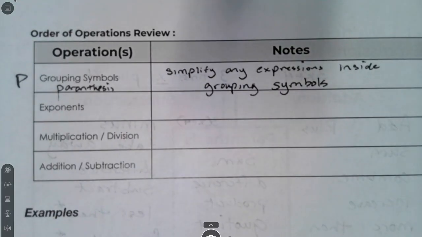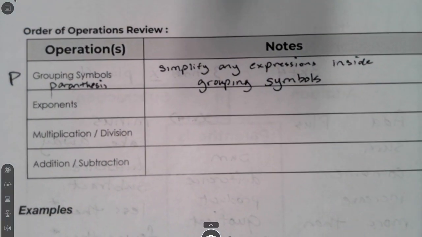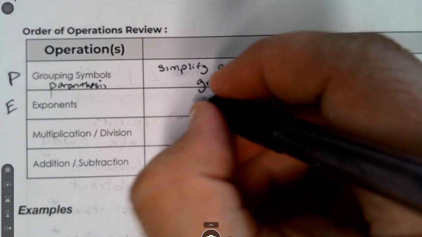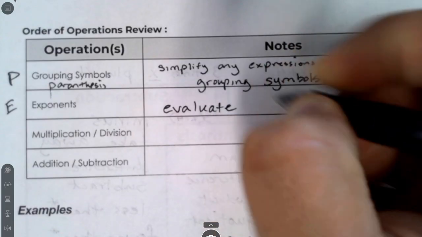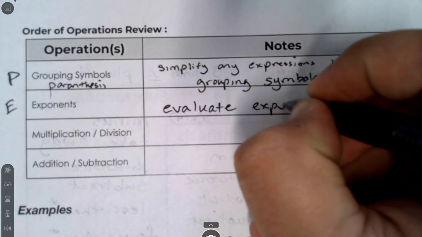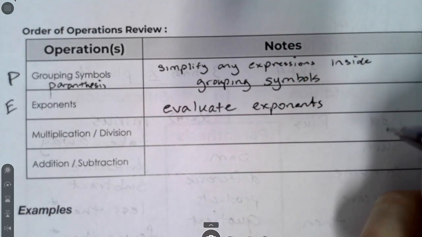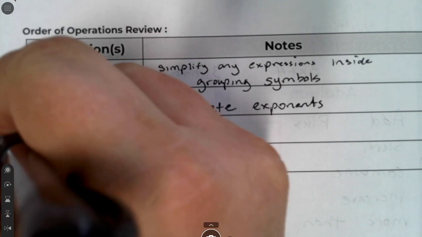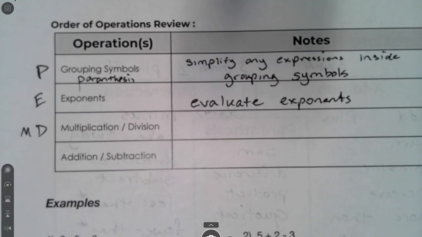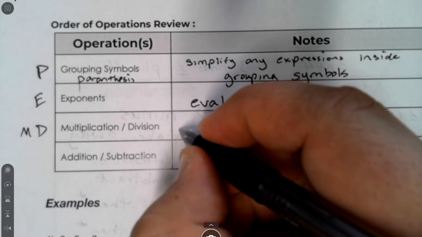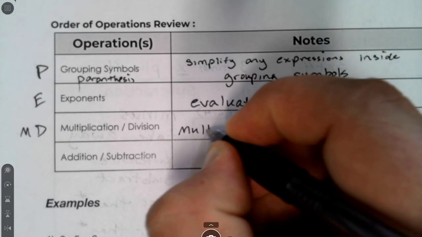That's step 1 when you're doing the order of operations. Then E for exponents. You should evaluate exponents second if there are any. Then we have our M and our D for multiplication and division. And you should multiply or divide, or multiply and divide.